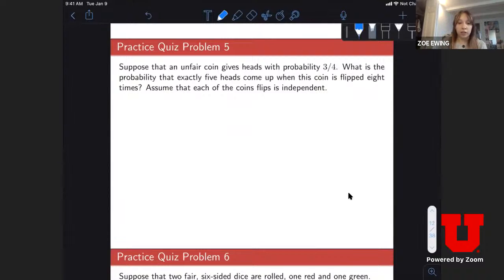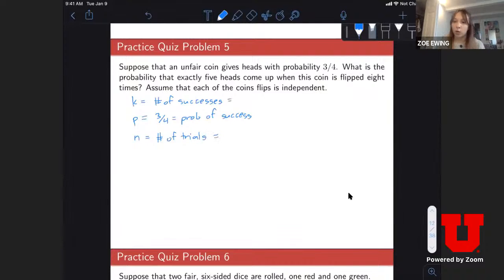So there are a few different things that we need to figure out. We need to figure out how many successes we have, which is K, number of successes. We need to figure out what the probability is, which we actually already have, is 3/4. That's the probability of success. And we also need to figure out how many trials we have. Okay.